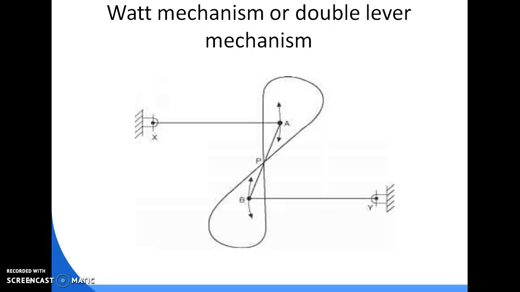The links AX and BY are parallel in the mean position of the mechanism. They are connected with link AB.